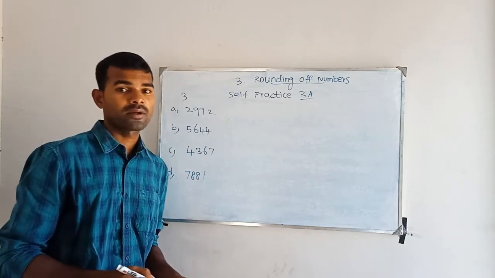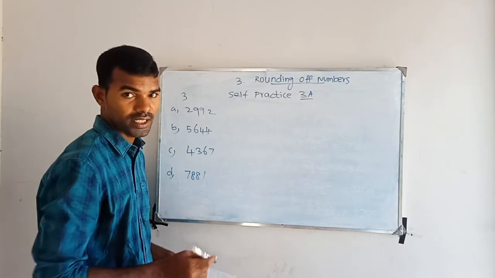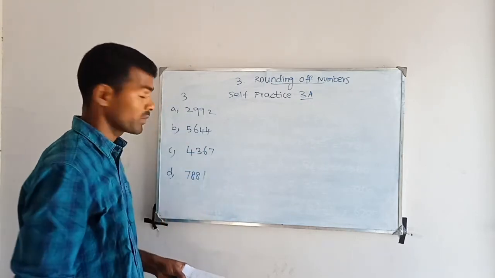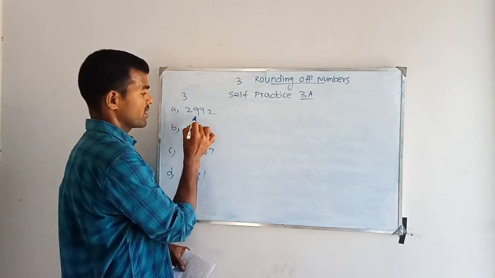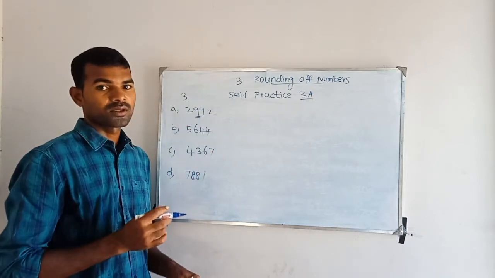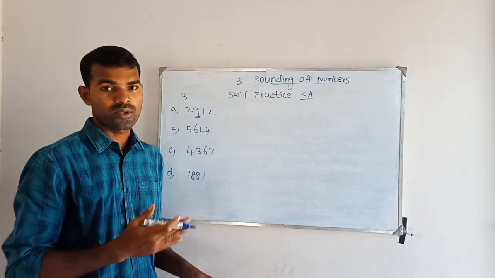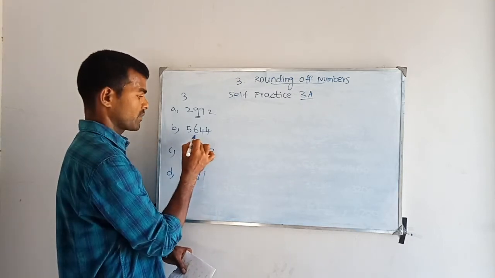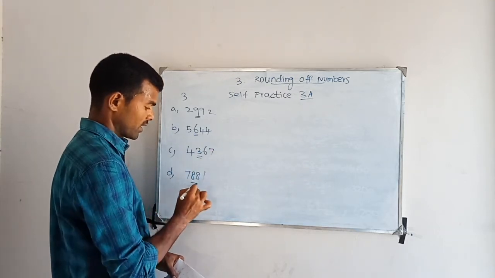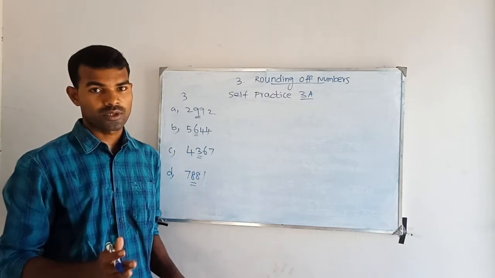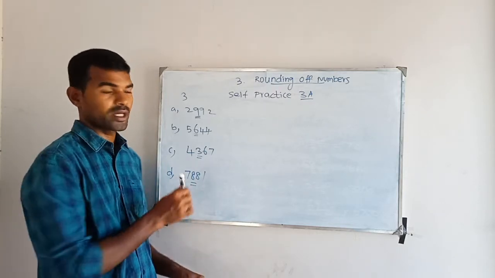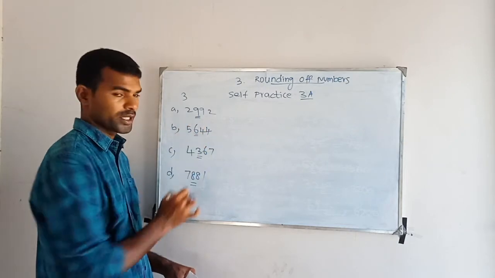So now we are going to round the number to the nearest 1000. To round the number to the nearest 1000, you have to look at the hundreds place.